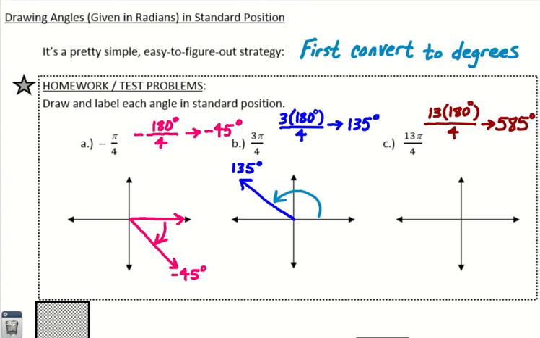So, if we go all the way around, which is 360, we've got to go another 225 degrees, which would be like that. Look at that.